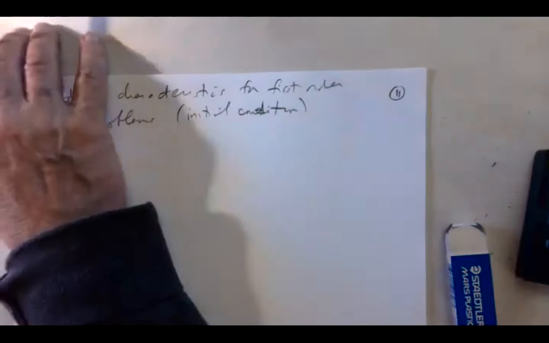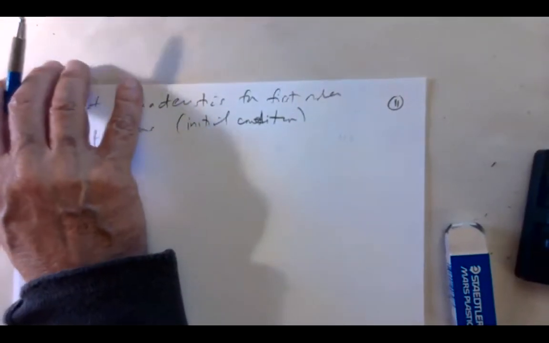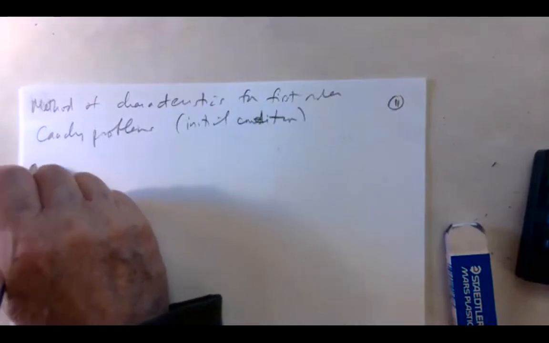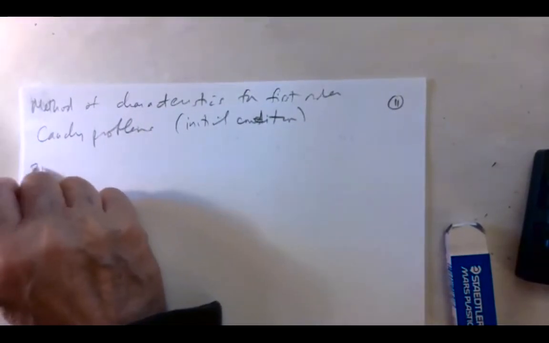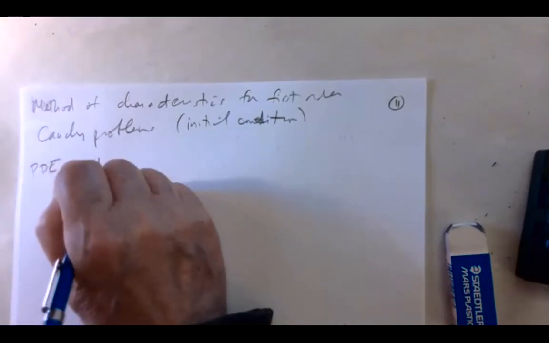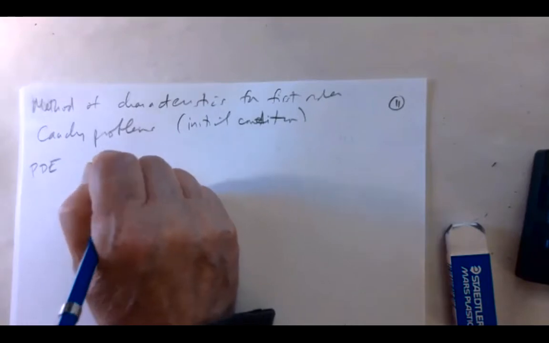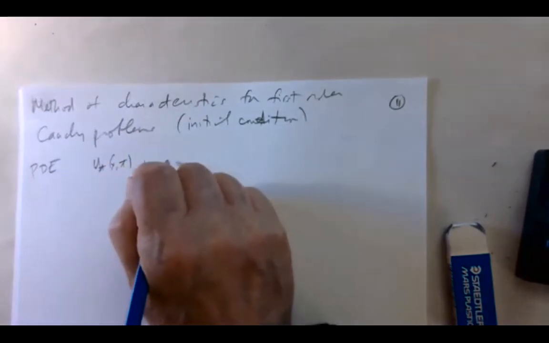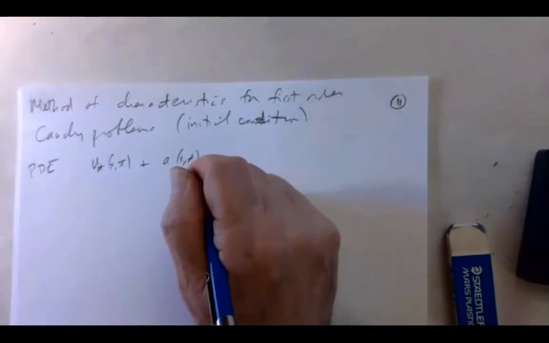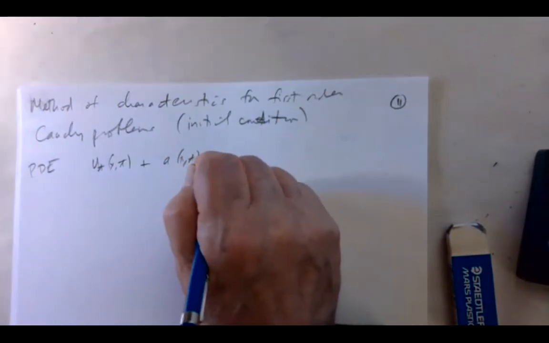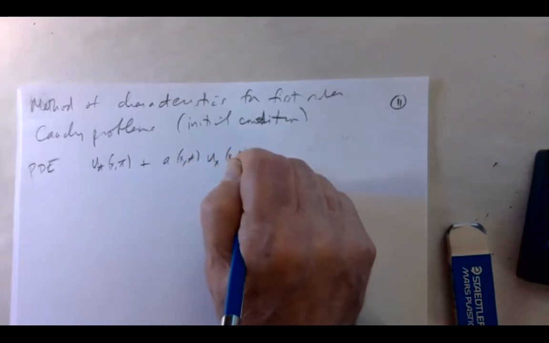So the basic example is we have a partial differential equation where the partial of u with respect to t plus maybe some function a of x,t times the partial of u with respect to x of x,t.